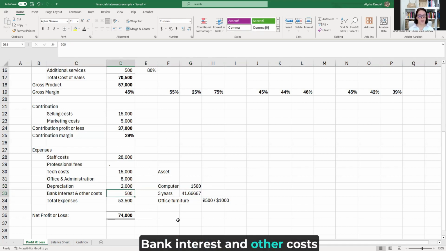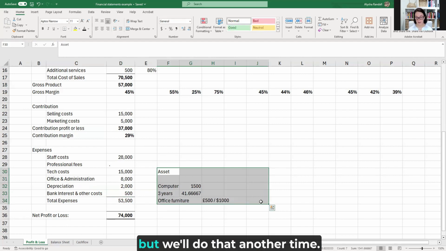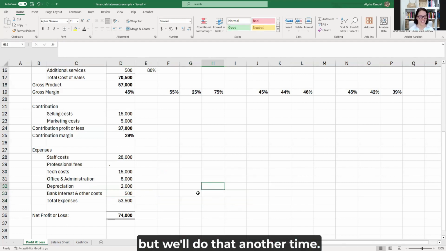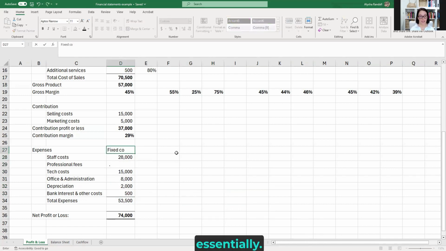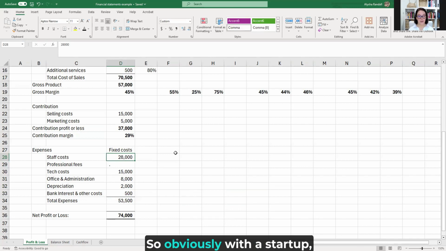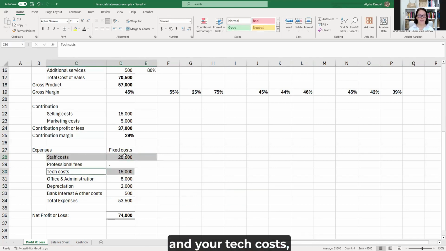Bank interest and other costs, bank fees and what have you, maybe interest. Interest I'd show separately, but we'll do that another time. But essentially, these are what you call your fixed costs. So obviously with a startup, particularly your staff costs and your tech costs, these will increase as you're building your team.